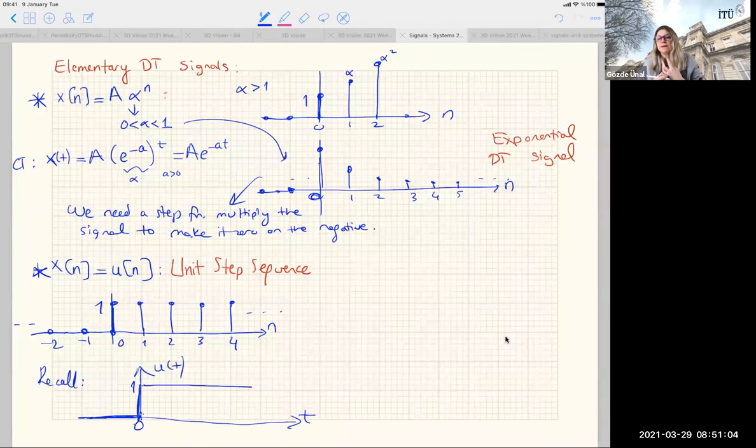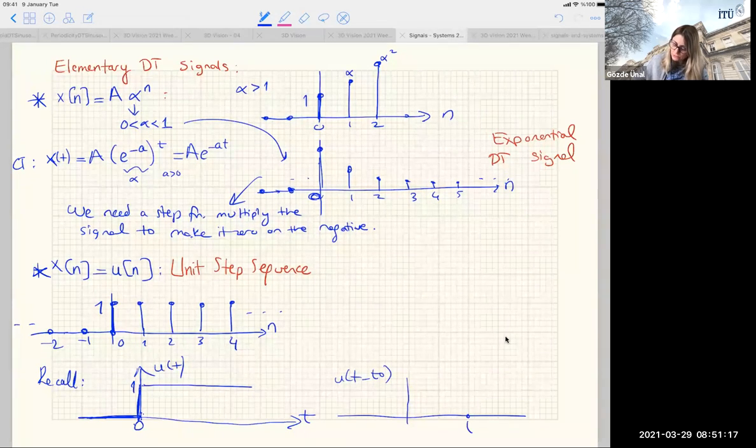You say, hey, at this time point, there is a u of t. But of course, it could be shifted. If, for instance, it's u of t minus t0, it's going to be shifted to that point, right? It's going to be 0 until t0, and if the switch is turned on at t0, it only starts at that point. Similar thing with our step sequence.